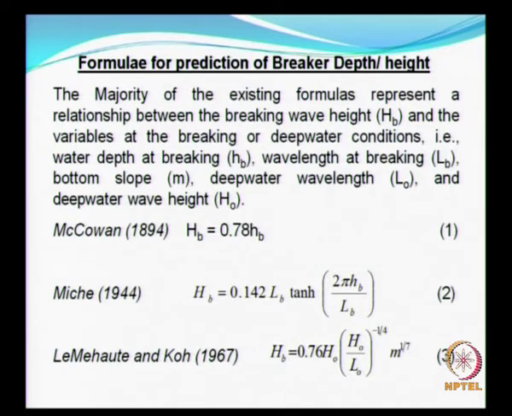This is another criterion which people use. The third one is Larmoite and Co. In 67, they obtained an expression in terms of deep water steepness, deep water wave height and beach slope.